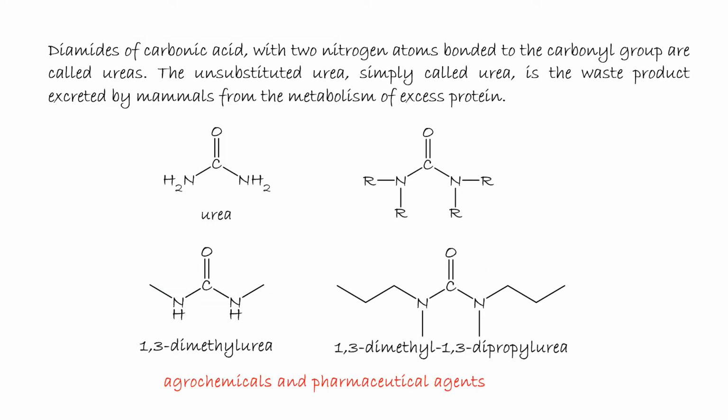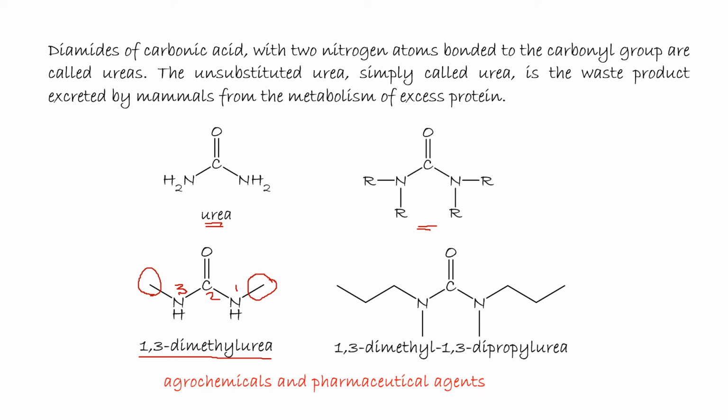The diamide of carbonic acid, urea, is a stable molecule at normal conditions. This is an amide. This is 1,3 dimethyl urea, numbered 1, 2, 3.